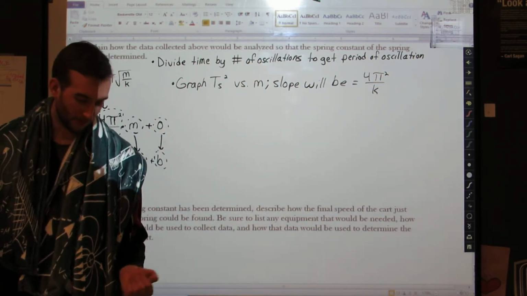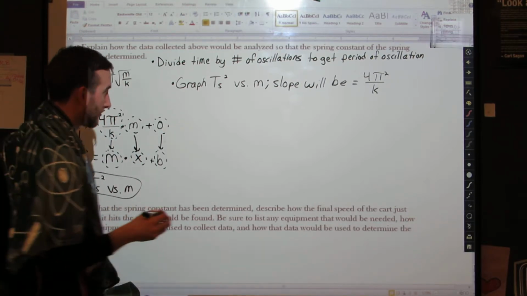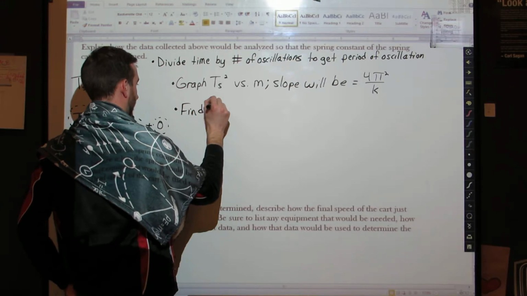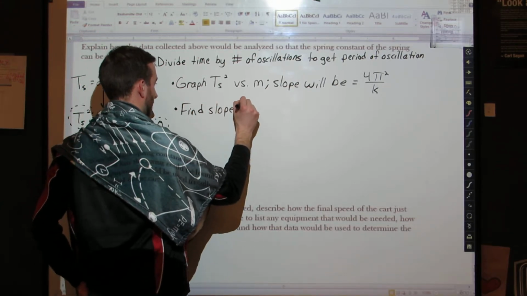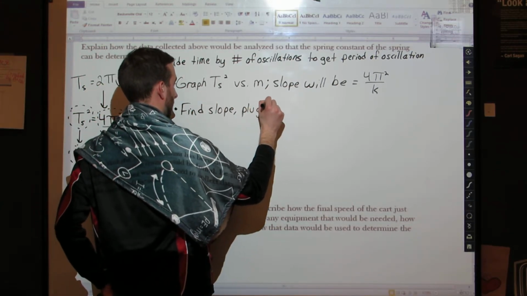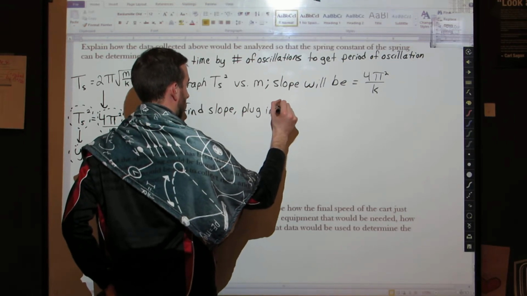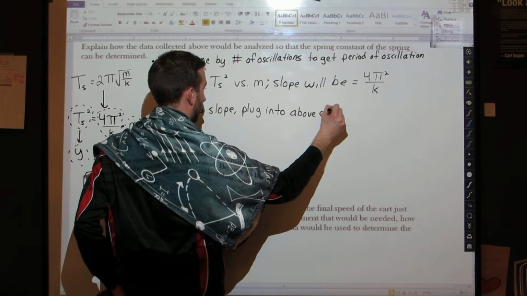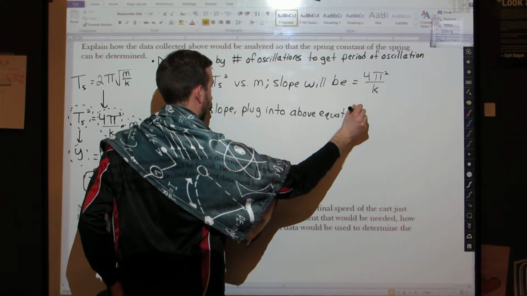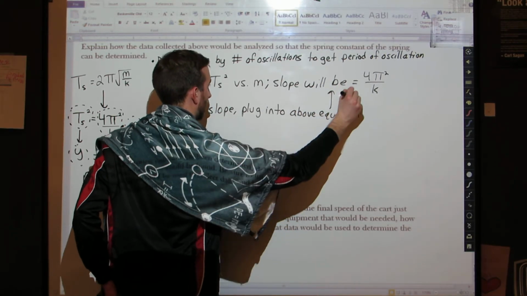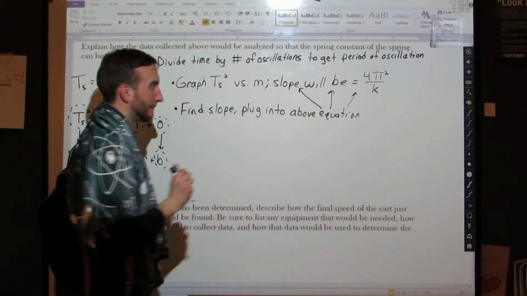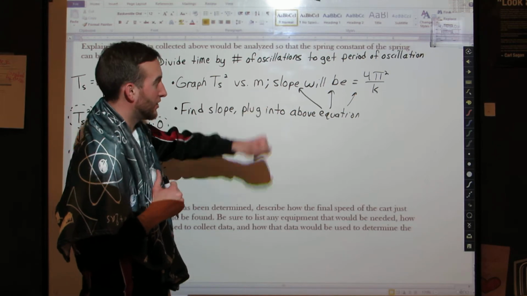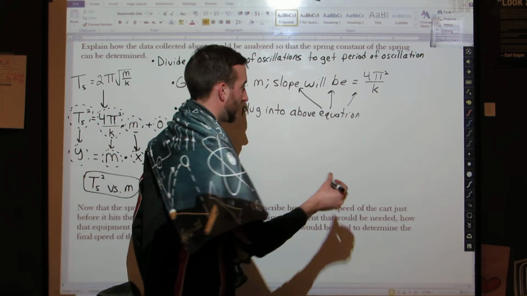At this point, all we have to do is find the slope, plug into the above equation, that one right there, where you actually find the value of the slope, and that value is equal to 4 pi squared over k.